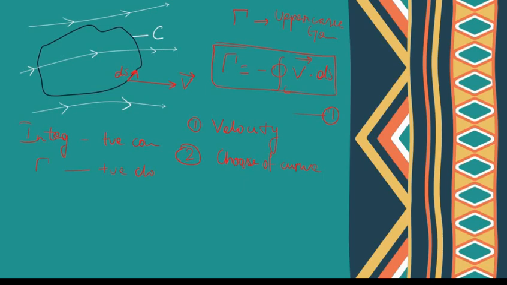Correct? But when it comes to defining circulation in terms of aerodynamics, what is circulation? When we say there is circulation in a flow, what does it mean? It simply means that the line integral is finite. That is, it has some value.